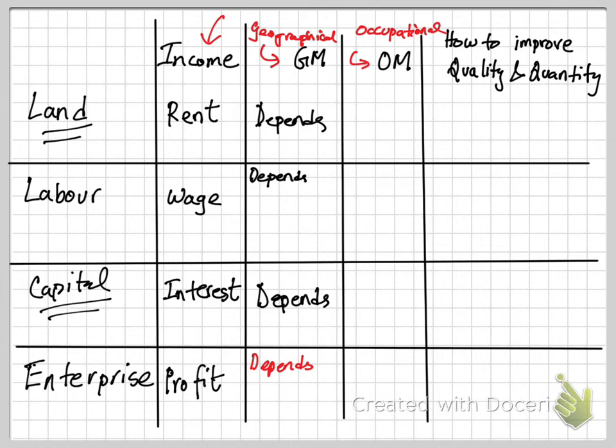Trees are actually very occupationally mobile, because with trees you can produce furniture, you can produce beds, you can produce paper, you can produce so many things by using trees, right? Which means trees have a high occupational mobility. So for land and capital, the occupational mobility actually depends on how many different types of things you can make with it.